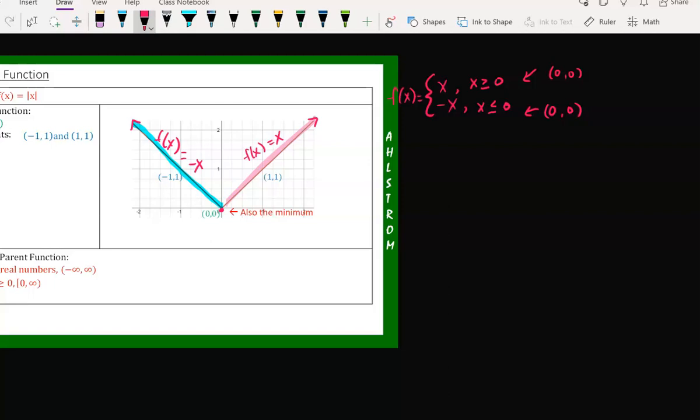I had to stop the video and really think about that one. Because what you're doing is taking this graph right here, and this point would be the same, and then you're just putting it on top of each other. So this would not be a function. You have to exclude the equal sign from one of them.